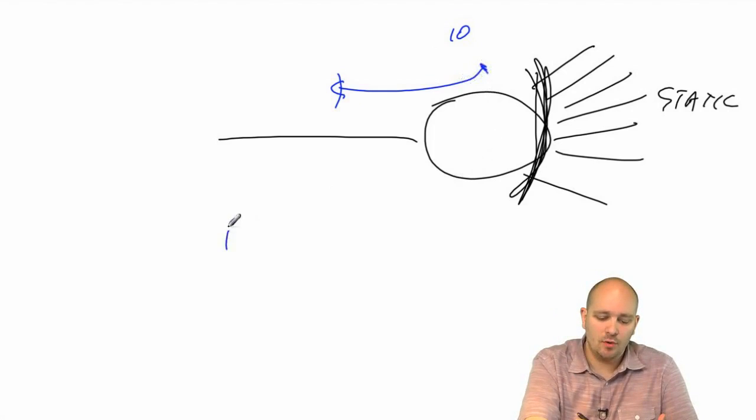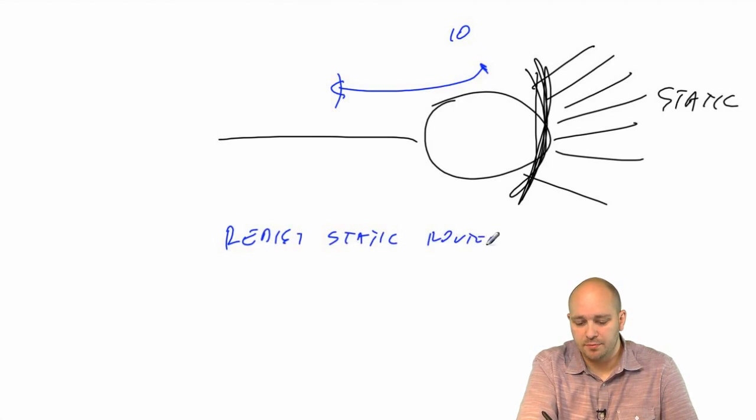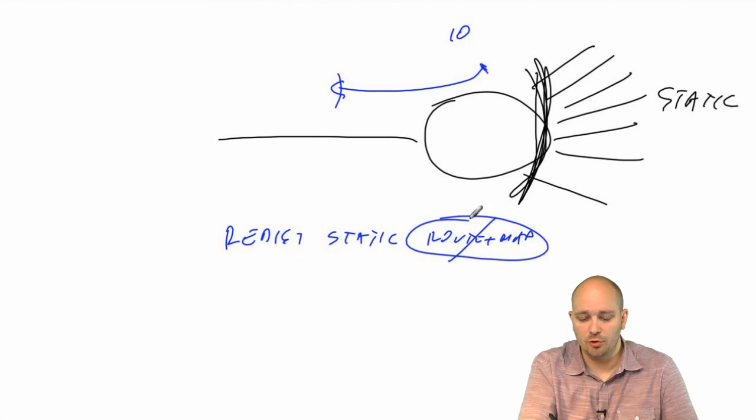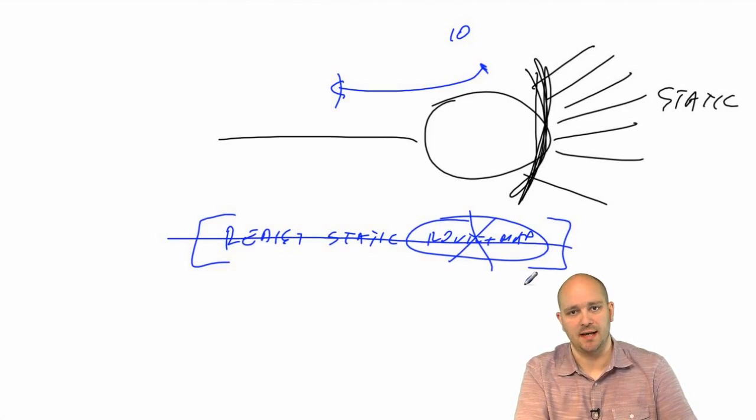Now, that means that if I do redistribute static here, if I use the route map, I would break my own rules. So I don't want to use the route map. If I cannot filter here at the redistribution point, is there something else that I can do?